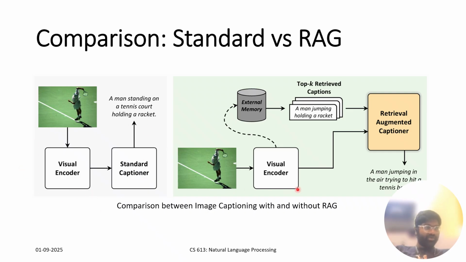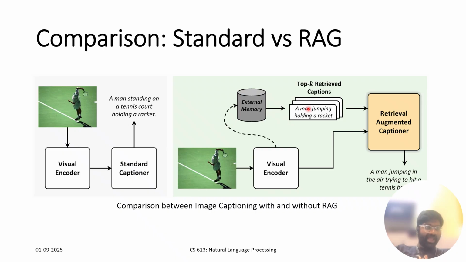What the authors added in this paper is that we give the image to the visual encoder, which is the same, but along with the standard captioner, we also give this visual encoding to an external memory, which retrieves the nearest top k captions using kNN or other methods.